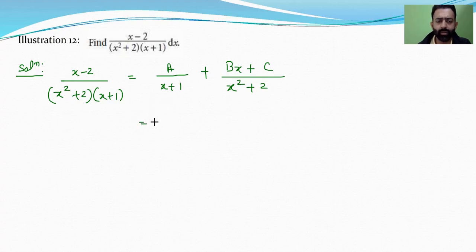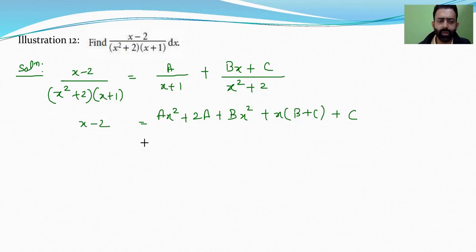Okay, taking the LCM, that will be a x square plus 2a plus b x square, plus the coefficient of x will be b plus c, and lastly we have c. Okay, here I have x minus 2, so a plus b times x square plus x times b plus c, and the constants are just 2a and c, and this is x minus 2.